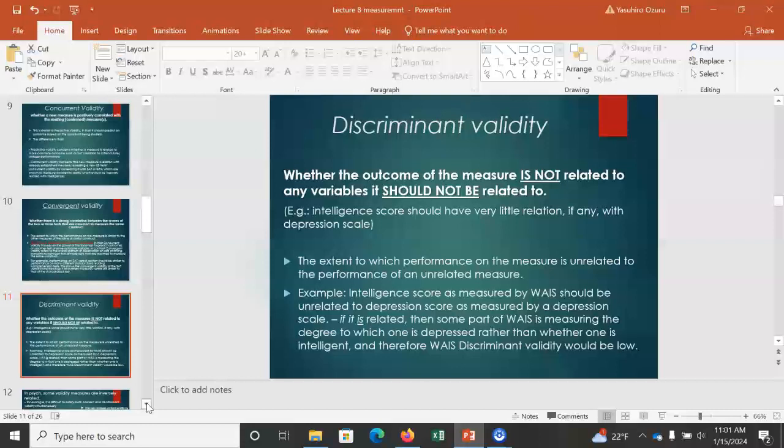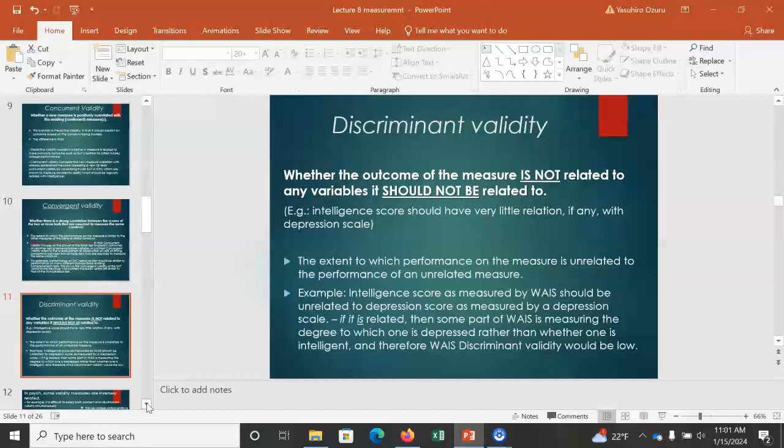And one important thing that you need to note is this is somewhat of a complex negative relation with content validity. Note that content validity, recall, is related to the coverage of the universe. So initially, when you increase the coverage of the universe of depression, it shouldn't affect discriminant validity.